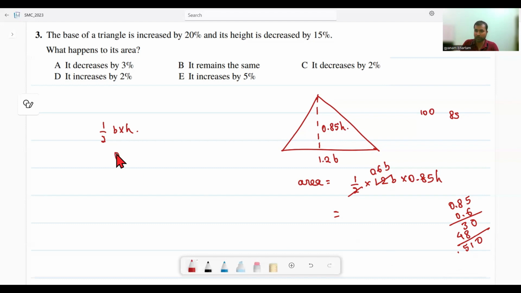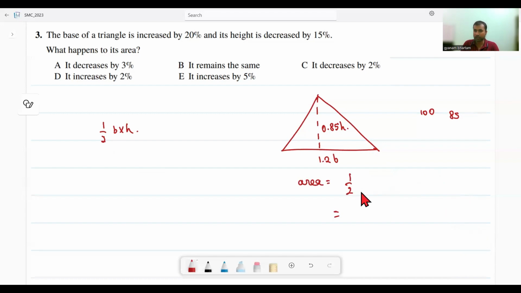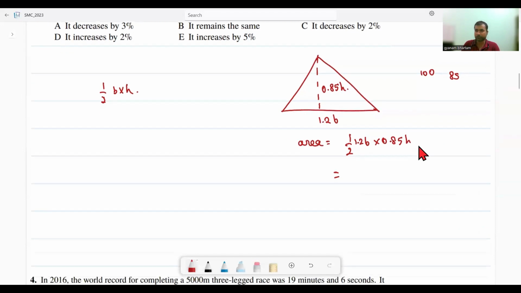No, this is 0.5 times BH. Instead of dividing it by 2, I think my approach should have been different and done directly. The half is already there, which will cancel out, and we have 1.2 into 0.85 H.